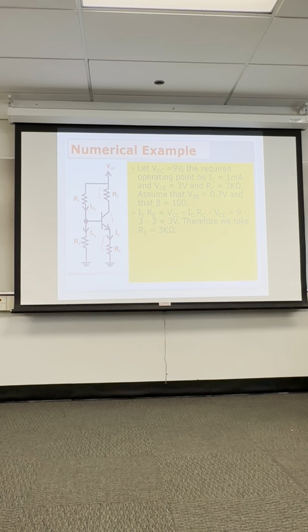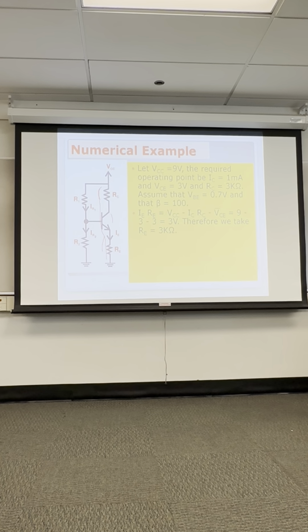So this is the voltage drops through the transistor to ground here. And we notice I sub C R C is 3 volts. We assume the 1/3 volts, so VCE is 3 volts.